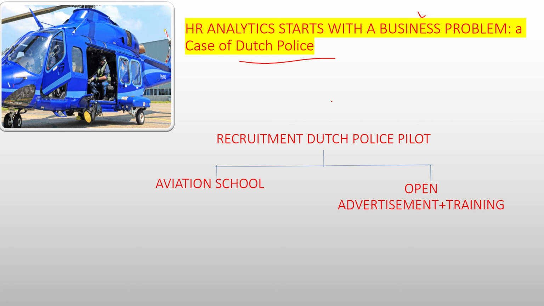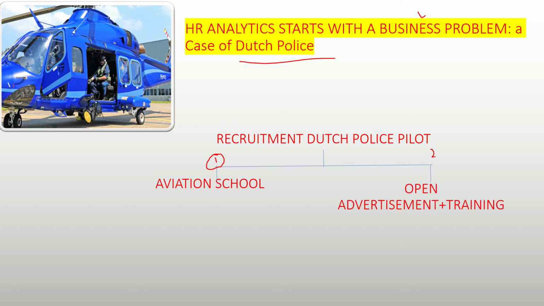By comparing these two groups, one commonality was found in the end. The recruitment of Dutch police pilots was done from two sources. This is source one, and this is source two.